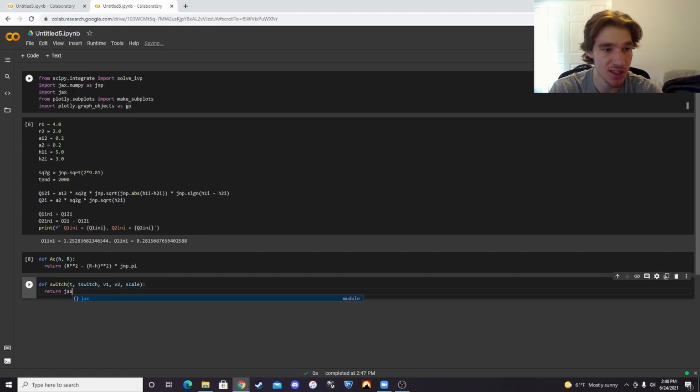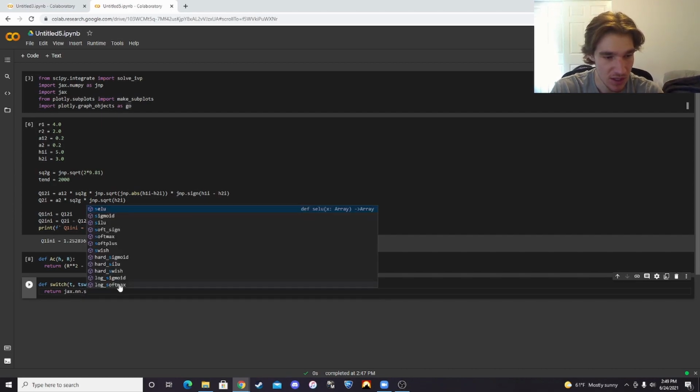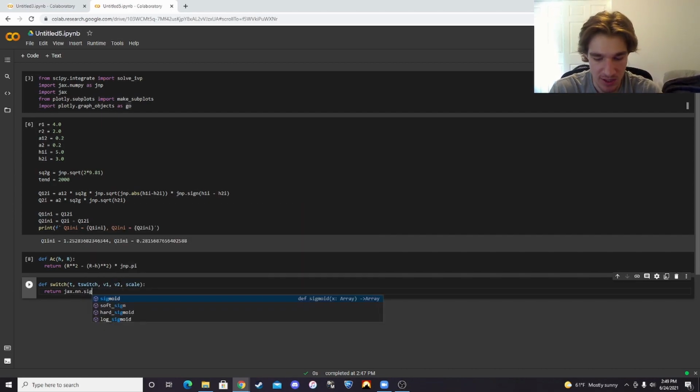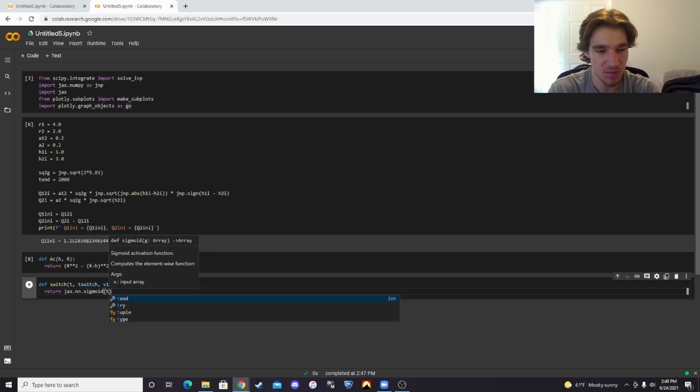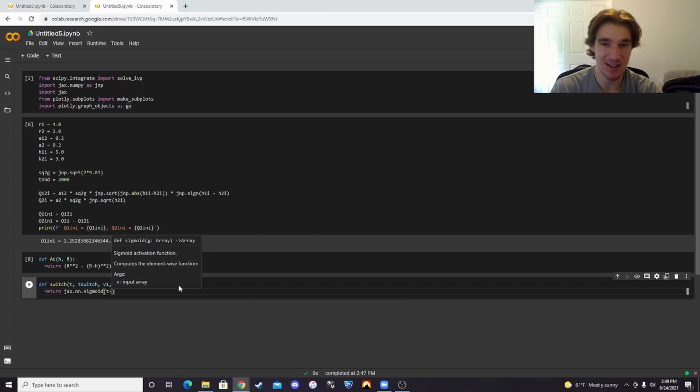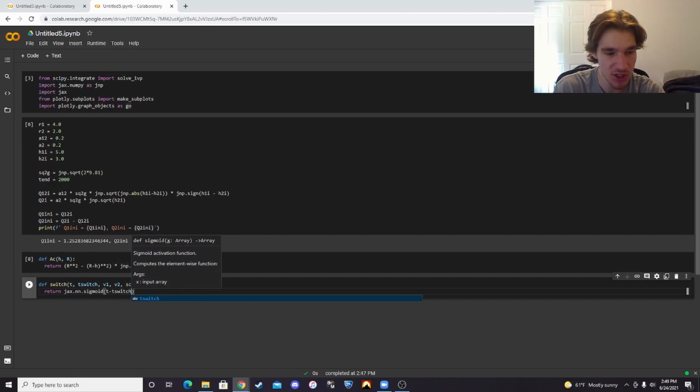That's why we imported JAX up here. And we are going to do nn. nn stands for neural network, and it's .sigmoid. And so we have the sigmoid function for T, and we want to move it to the left. It's basically a graph, so we want to have a shift to the left of T switch, which is the time we want to switch it at.